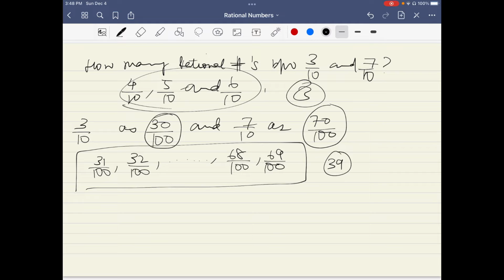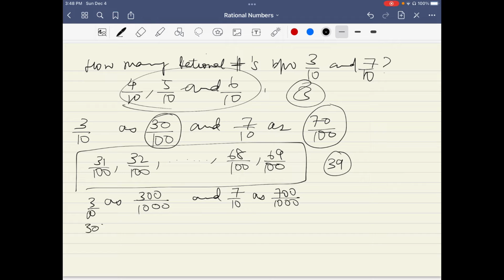But now, what if I write 3 over 10 as 300 over 1,000 and 7 over 10 as 700 over 1,000? How many rational numbers are there now between the two rational numbers?